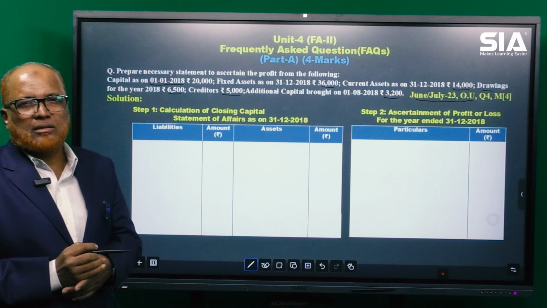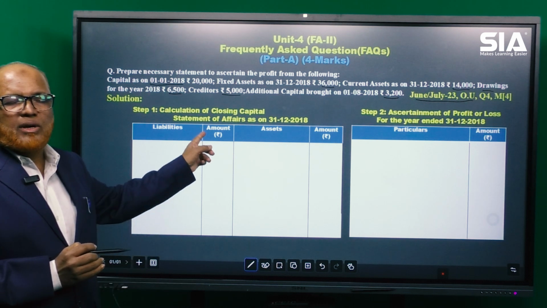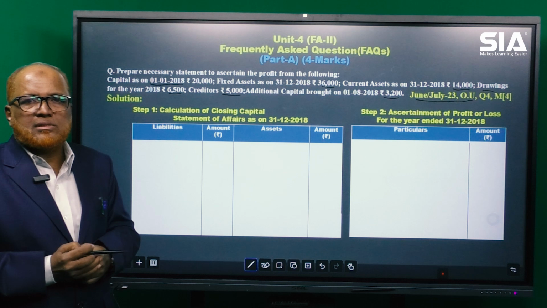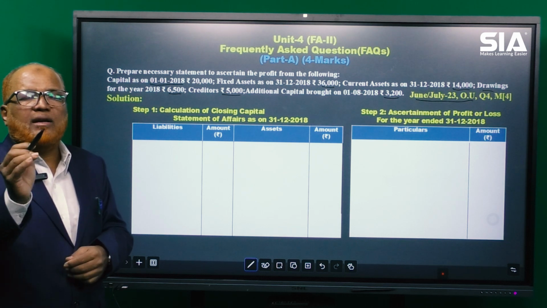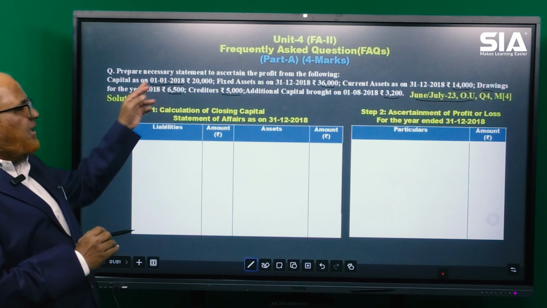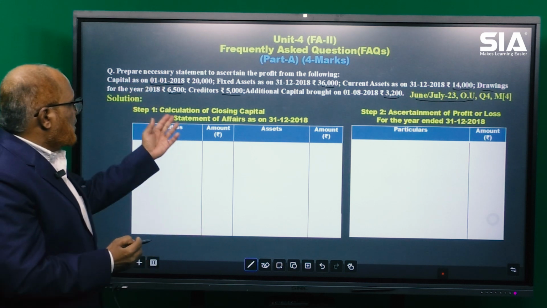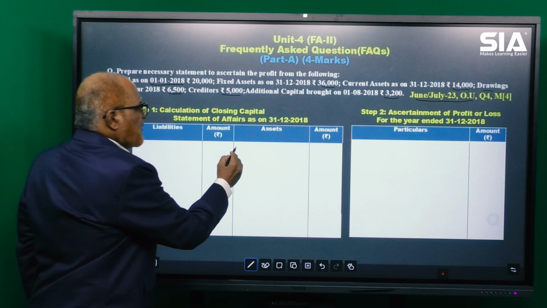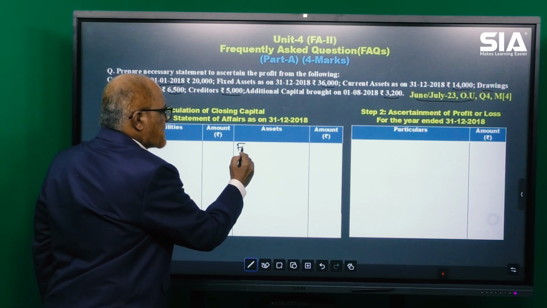How to start? First, we prepare the statement of affairs at the end of the year. What is the purpose? Why do we prepare it? To find out the capital at the end of the year. Capital at the beginning of the year is already given. So this is the calculation of closing capital, statement of affairs. On the asset side, first we take fixed assets.